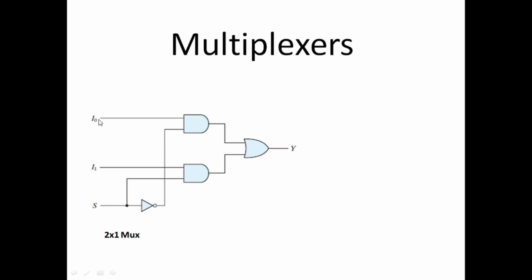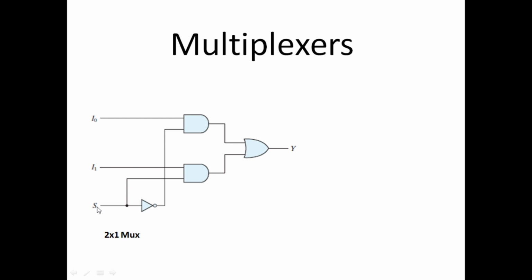Whatever input is given at I0 would be achieved at output Y, regardless of the value of I1. In other words, I0 is connected to Y.